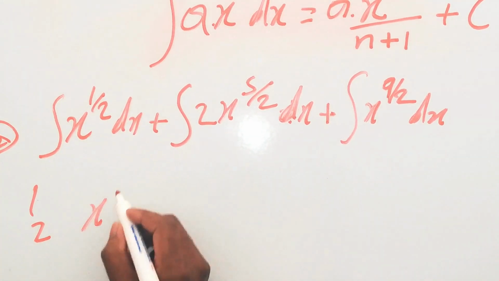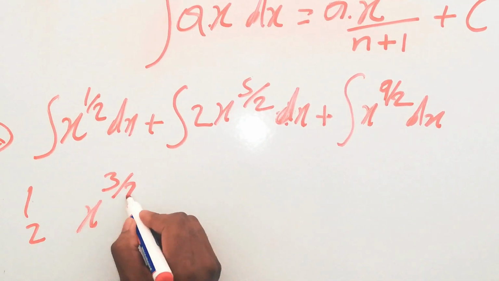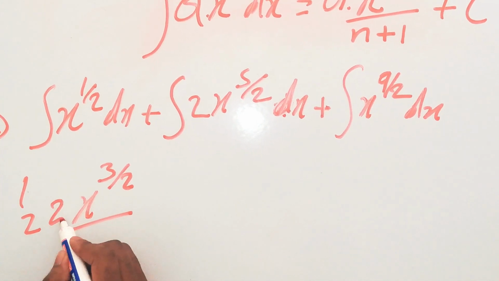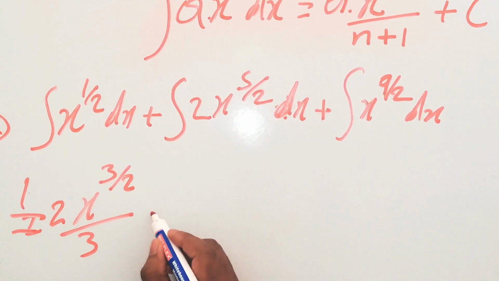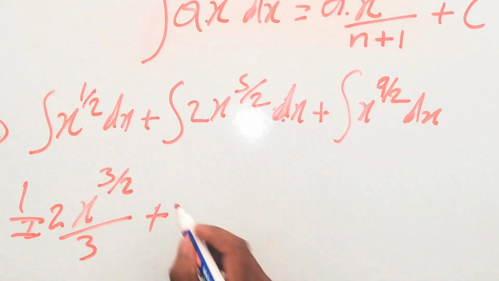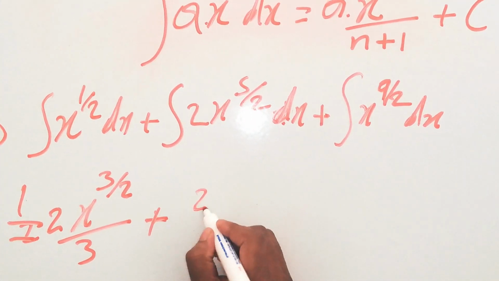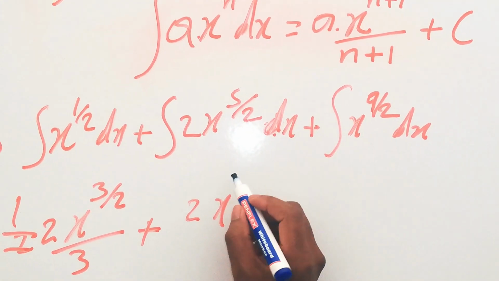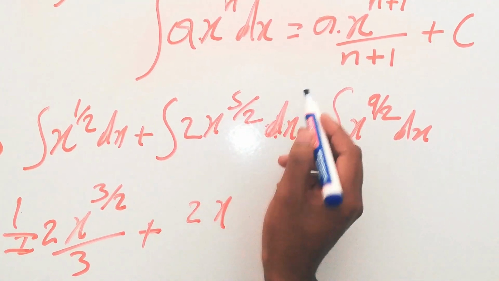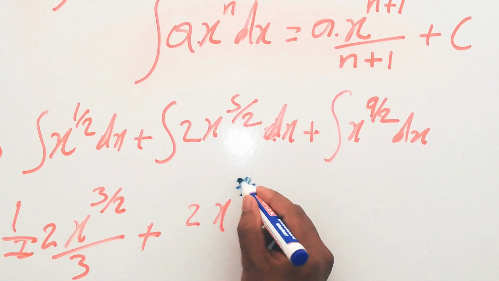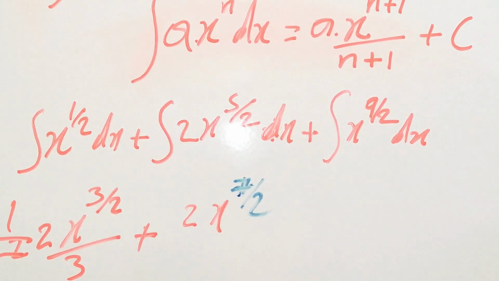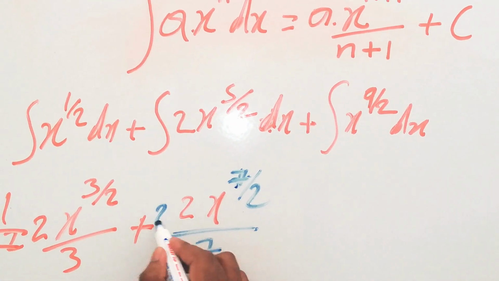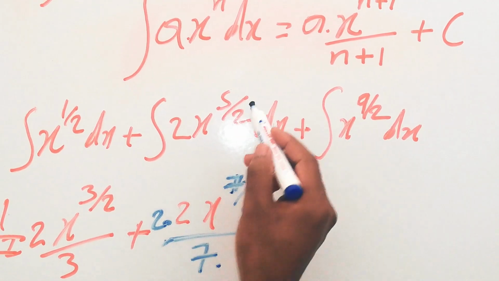So we have 3 over 2 divided by 3. Now I have 2 there and 3 here, so don't get confused. Here I'm going to have 2 first, x, then that one there will be 1 plus 1 half, so 7 over 2 over 7 over 2, because it's plus 1.